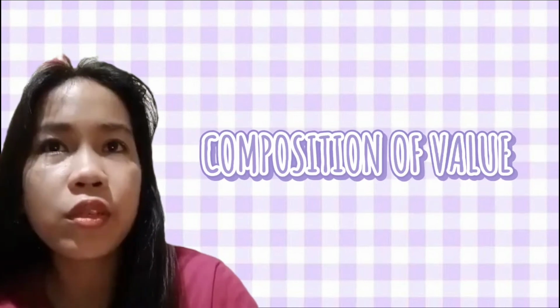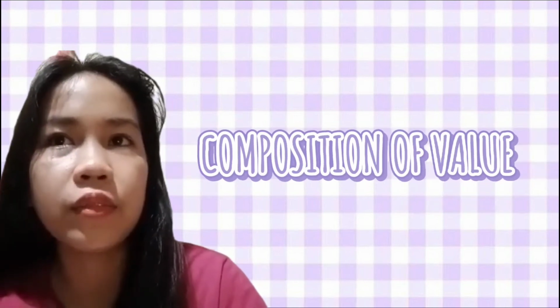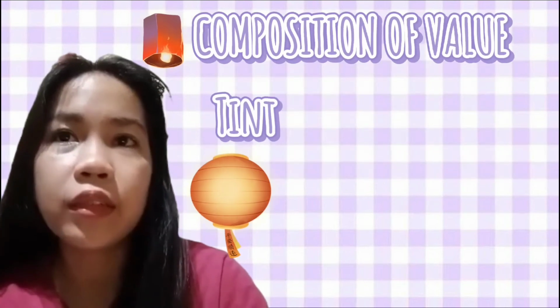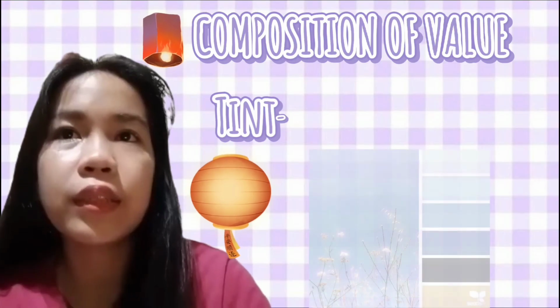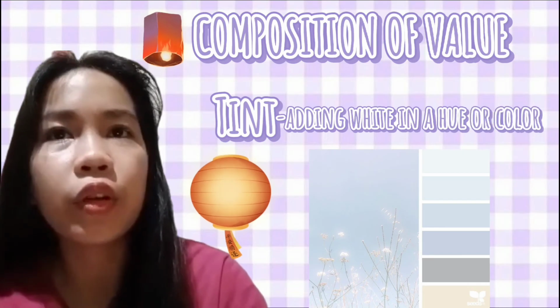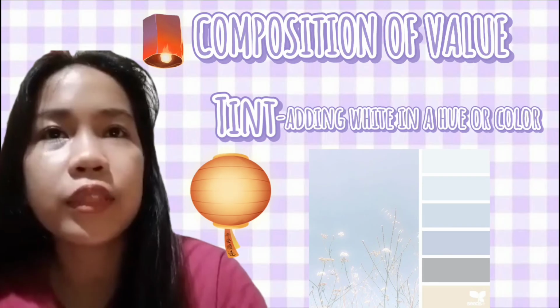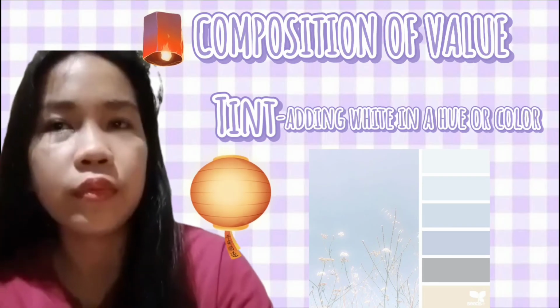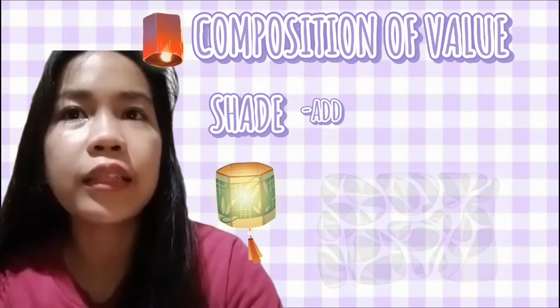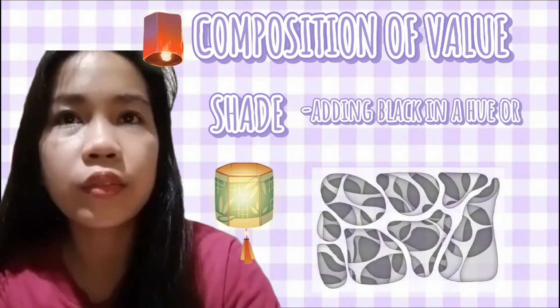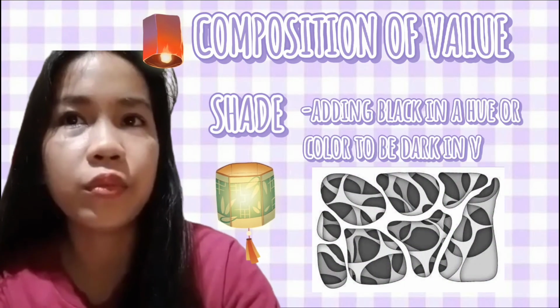So let's go on with the composition of the value. The tint. Tint is adding white to a hue or color para magkaroon siya ng lightest value. Then, shade. It is adding black to a color to make it darker in value.